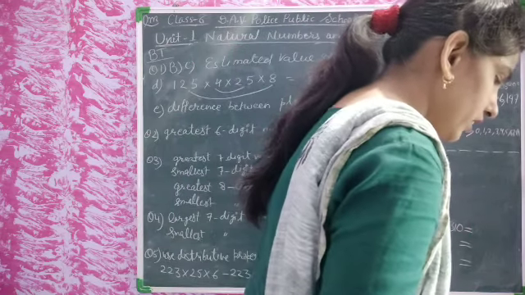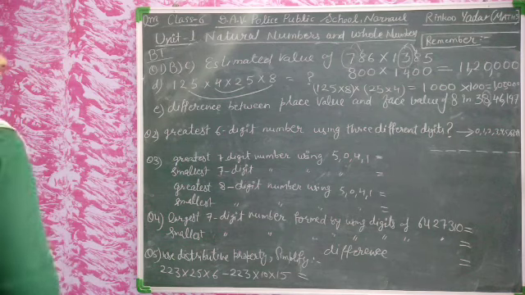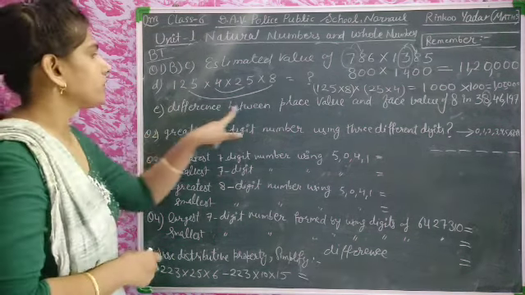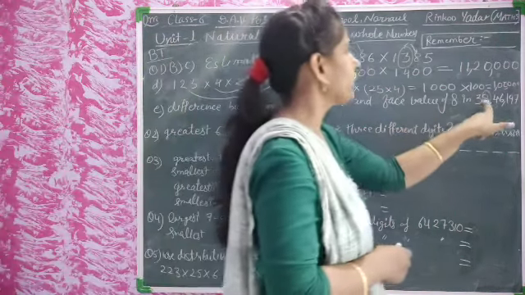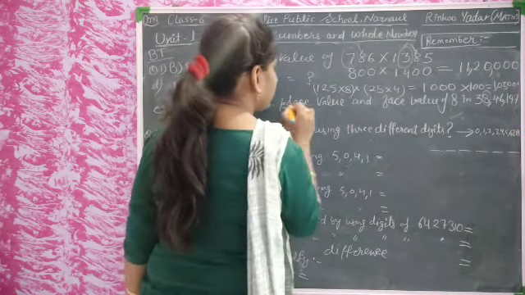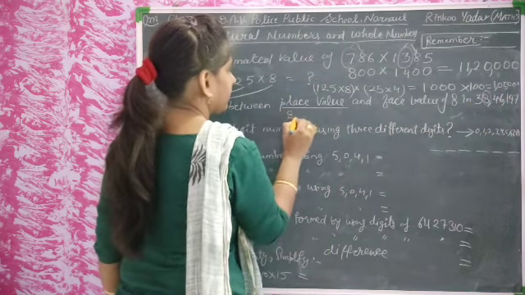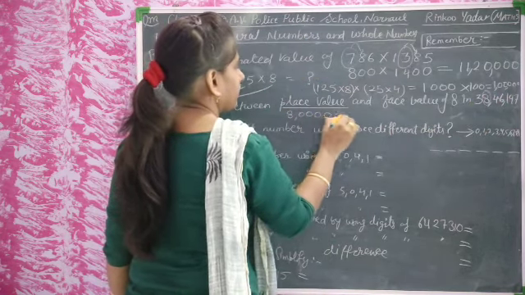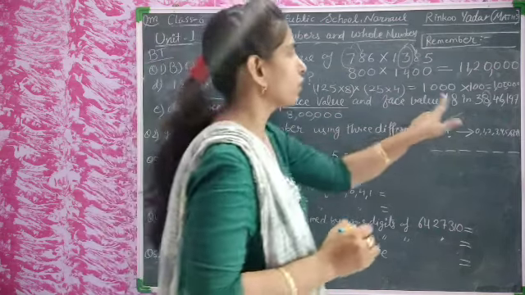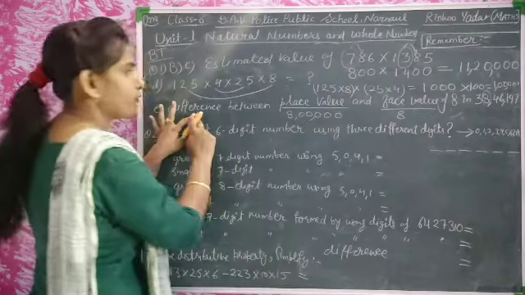Now the next question is part D. Difference between place value and face value of 8 in this number. Place value of 8 in this number is 8 lakh. And face value of 8 is 8, and we have to find the difference.